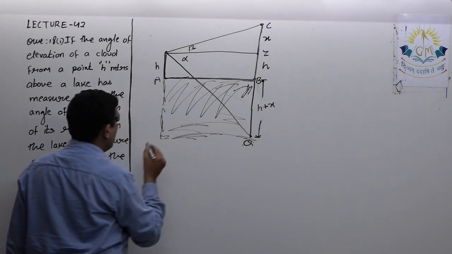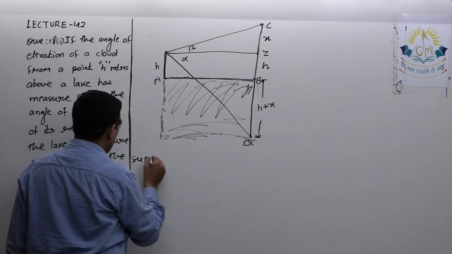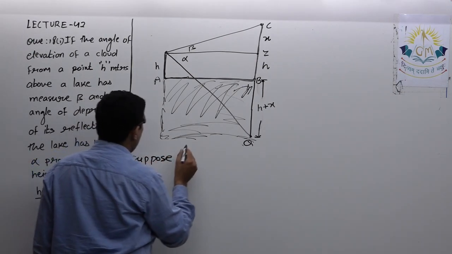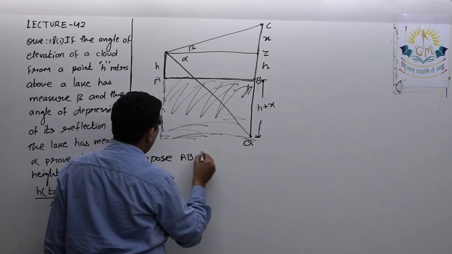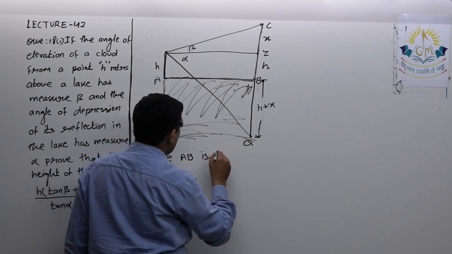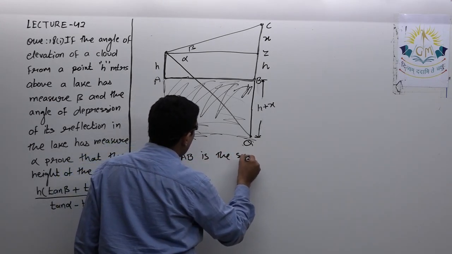First of all, we'll describe the diagram. Suppose AB is the surface of the lake.